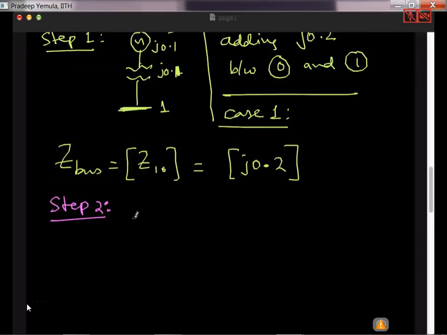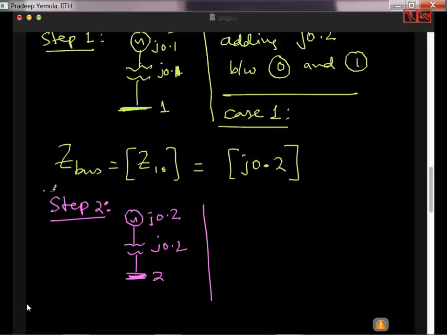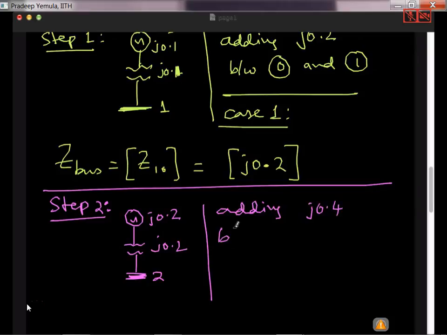So step 2, this is bus 2, J0.2, J0.2. So description is adding total J0.4 between 0 and 2. So basically you see these two are separate networks now.